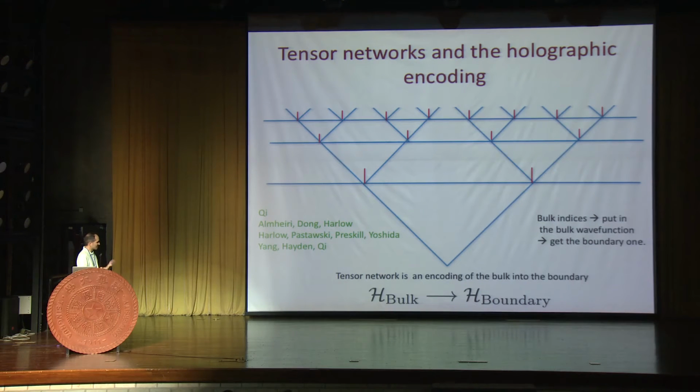It's sometimes called an isometry, or an encoding which is similar to the encoding one makes when one considers quantum error correction. There's been several papers on this, and I think Xidong will talk about this. And so here the idea is that we put in the bulk states here in these indices, and then we have some tensors that transfer this quantum information into the boundary indices.